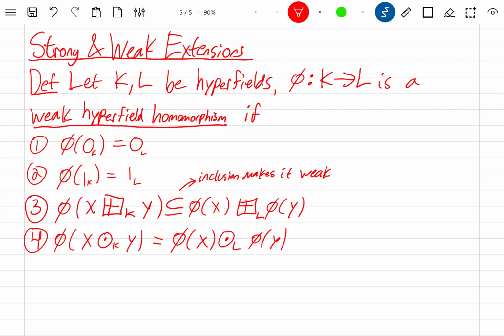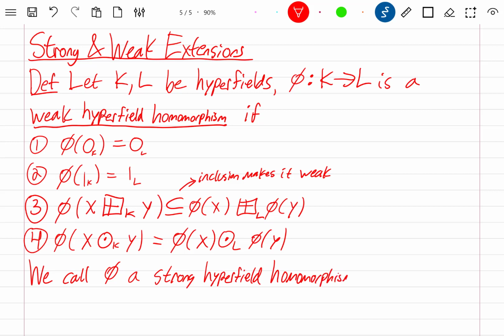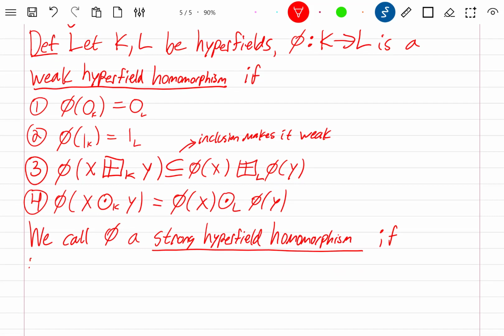And then we call phi a strong hyperfield homomorphism if, in addition, it's really 3 with what I had initially written with an equality. So this makes it strong.